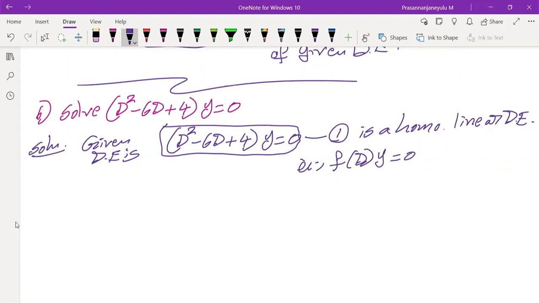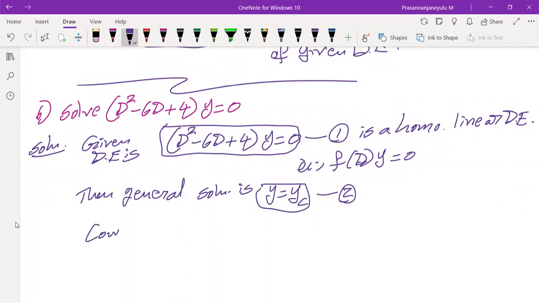Now we need to find the general solution. Then the general solution is y equals simply yc. I think this is question number 2.